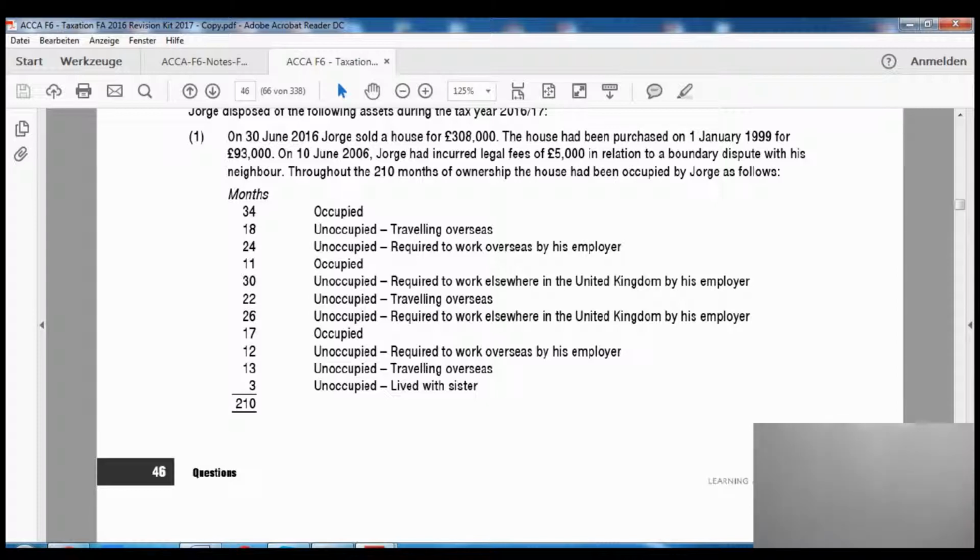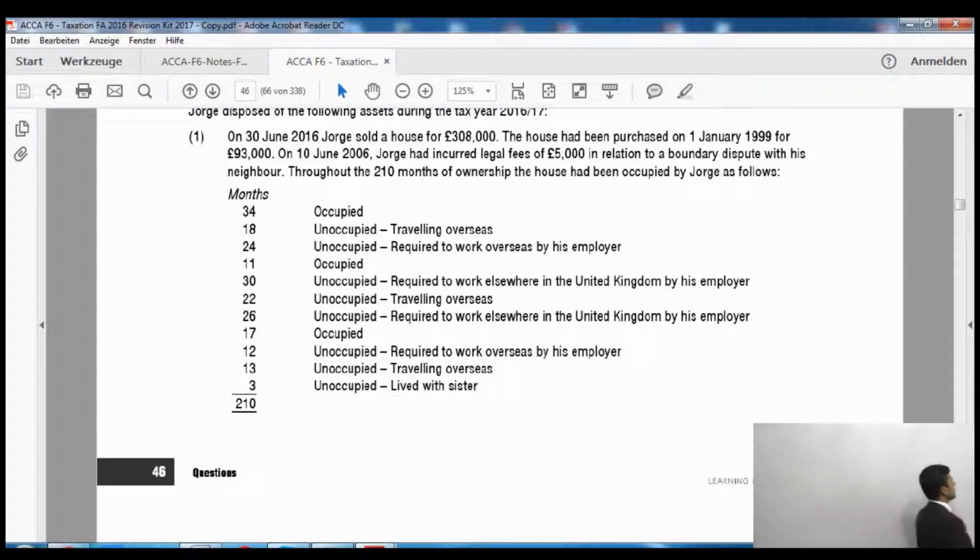After that, it says 22 months unoccupied, traveling overseas. Now he's traveling overseas again. So we know that for any reason we can do 36 months. We've already used 18 months for any reason. Now another 18 can also be used.